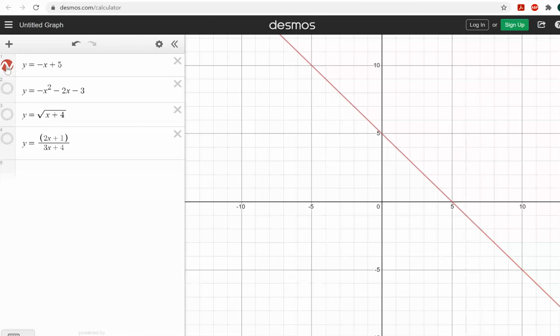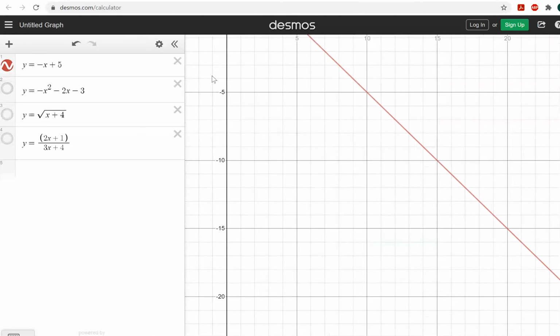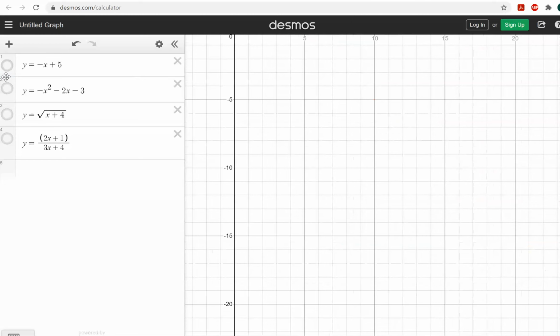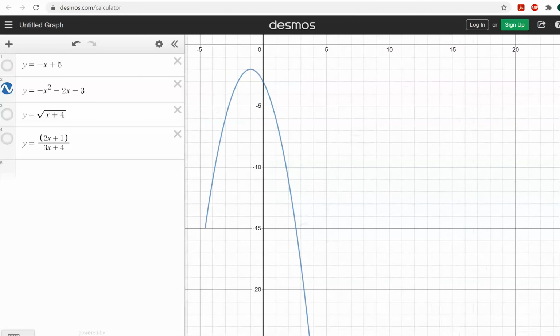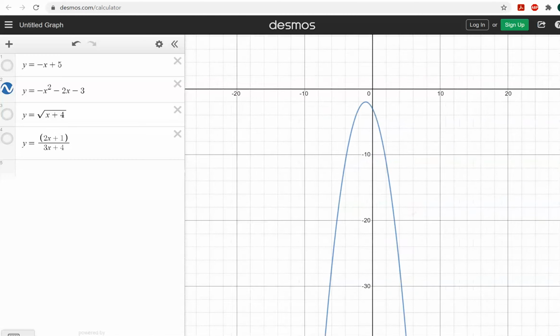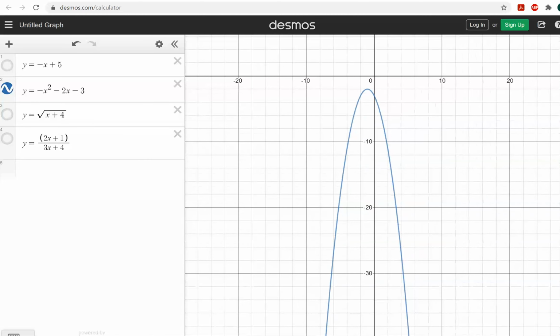With quadratic functions, we see a similar thing, in that we can plug in absolutely anything. We're skipping over range right now. Range is limited for a quadratic, but for domain, we can plug in absolutely anything.